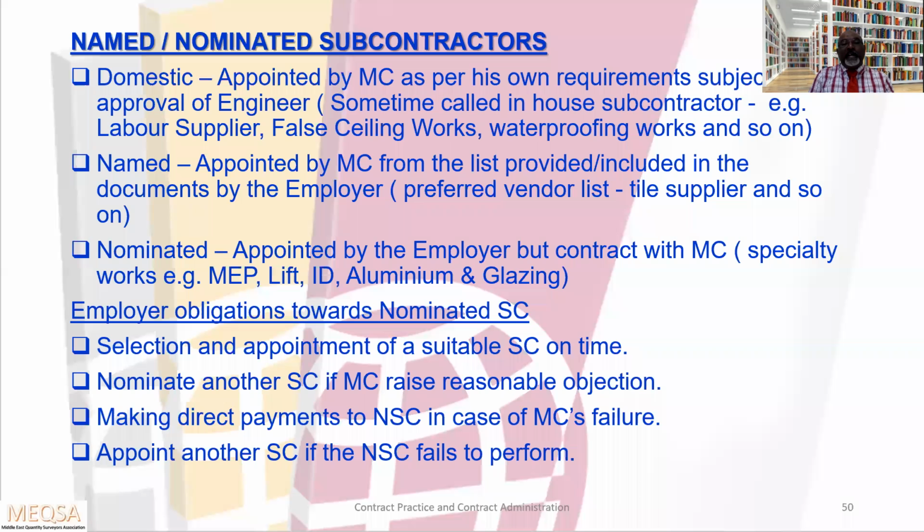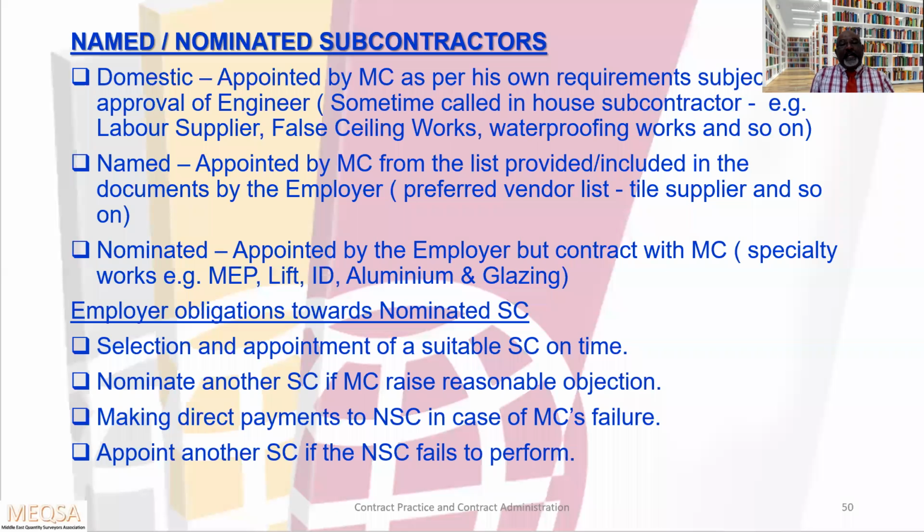So, employer obligations towards the nominated subcontractor. First, selection and appointment of a suitable subcontractor on time. Second, nominate another subcontractor if the main contractor raises a reasonable objection. In FIDIC 87, I think it is clause 59 or something, I can't remember, you can give a reasonable objection.